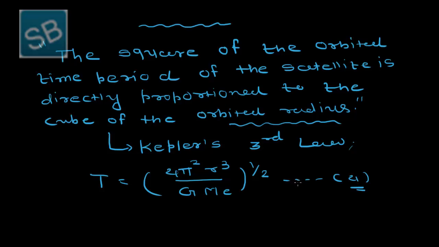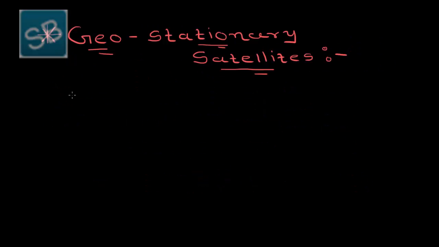Now, we will switch on to consider two different types of satellites. Let's start to study about these types of satellites. So here is the first type, geostationary satellite. So which kind of satellites are falling into this category?